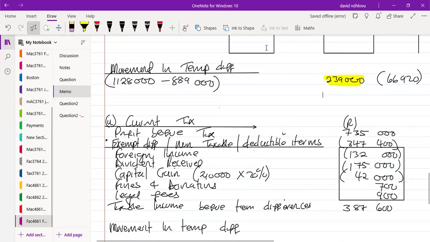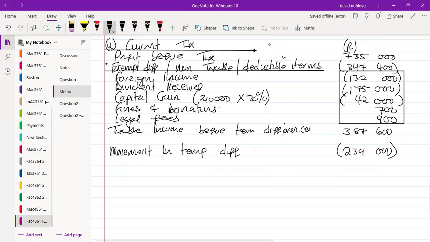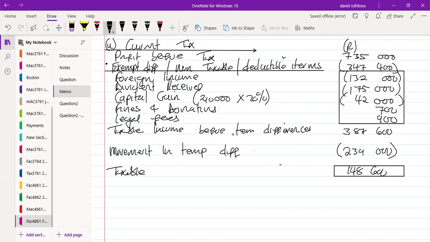Remember, if it is positive, when I bring it down here to 39,000, I'm going to deduct that. It's a taxable temporary difference in the next year. In the current year, it reduces the taxable income. Then we're going to sit on 148,600. This amount is taxable income for the year.